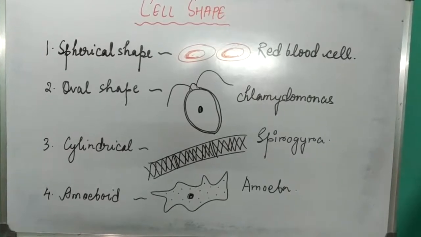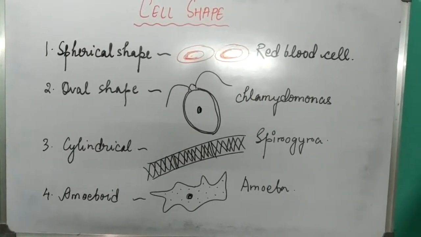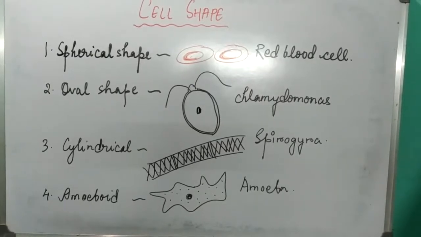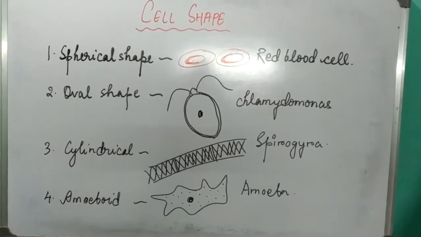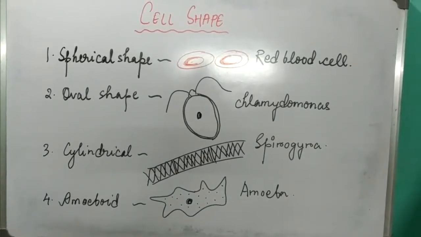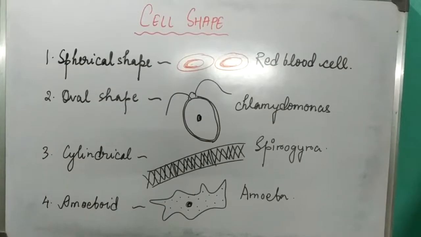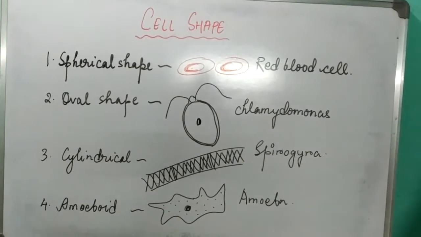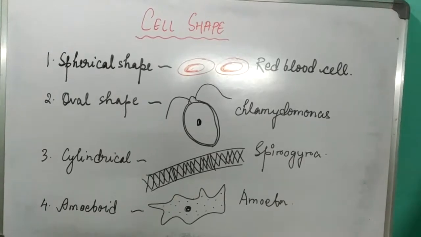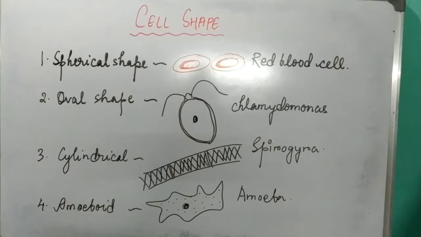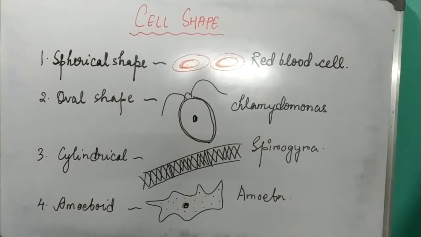Chlamydomonas is an organism made up of only one cell, and it is oval in shape. So Chlamydomonas is an example of unicellular algae.